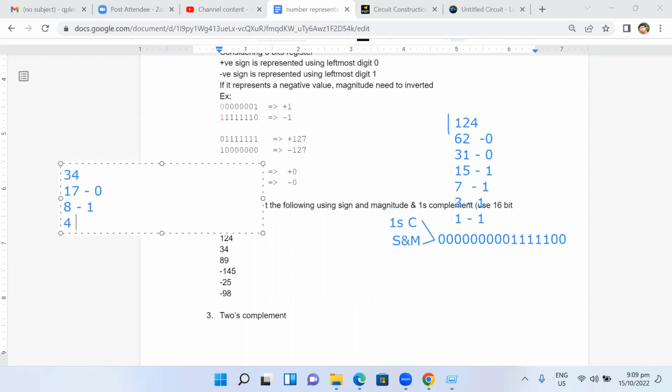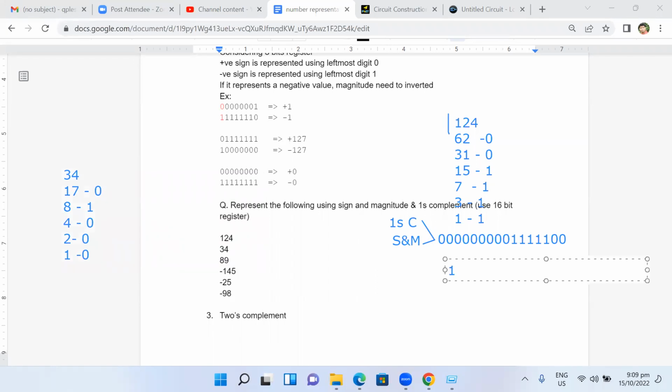Divide by 2 is 4, remaining 0. 4 divided by 2 is 2, remaining 0. 2 divided by 2 is 1, remaining 0. So the number is positive 1 0 0 0 1 0, padded to 16 bits. This is sign and magnitude, and this is one's complement too, because these are positive numbers.